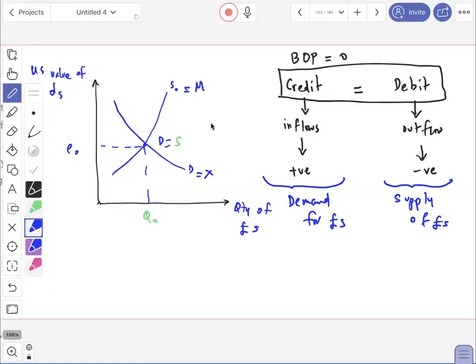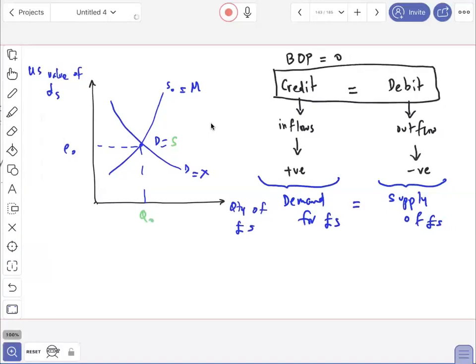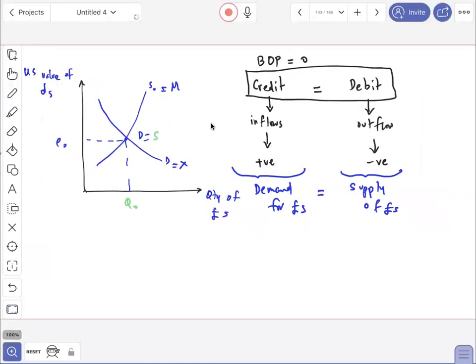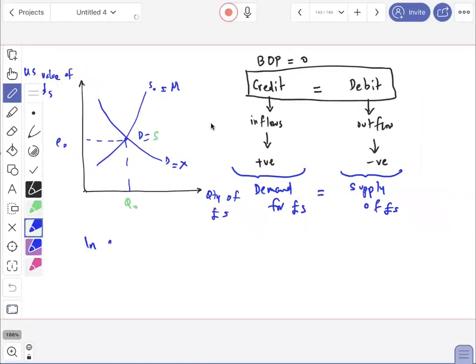And when you have a floating exchange rate system, demand and supply is equal. So what I'm trying to say is that in a floating exchange rate, demand equals supply of the currency.